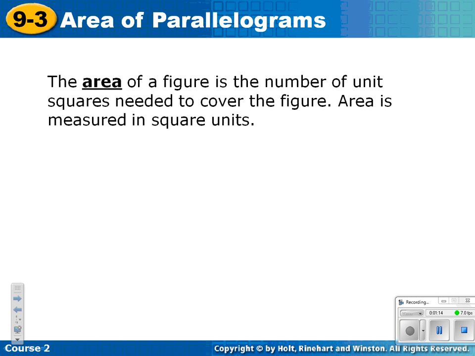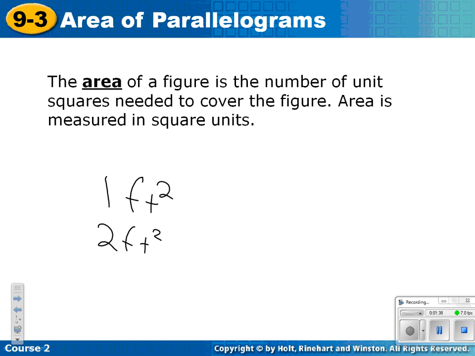It is 1 foot long by 1 foot wide. That is 1 square foot, marked as 1 foot squared. Now, 2 of those tiles would be 2 feet squared.